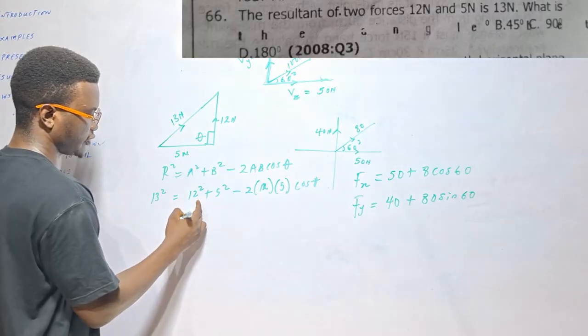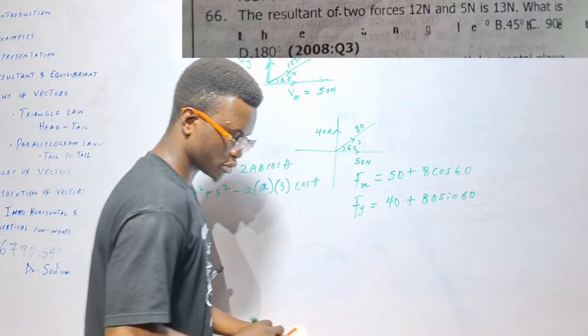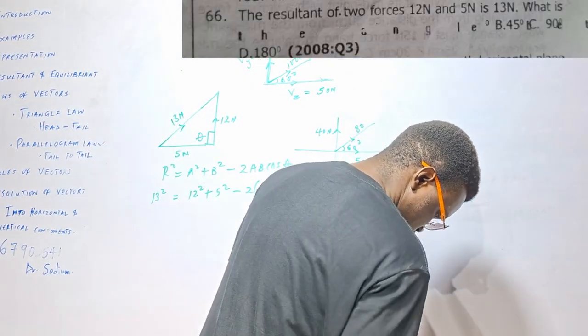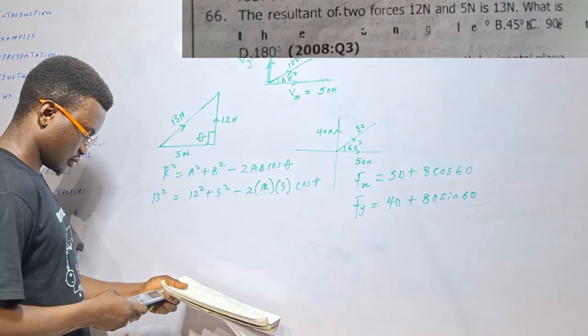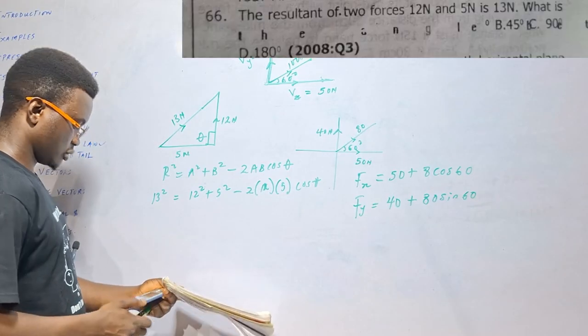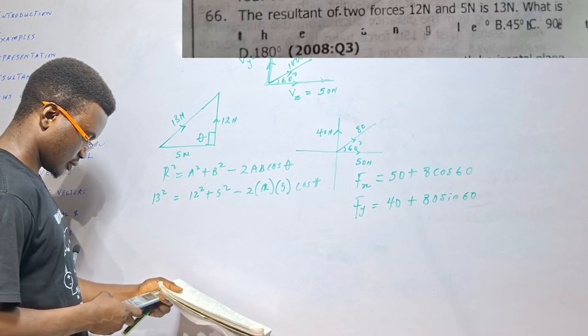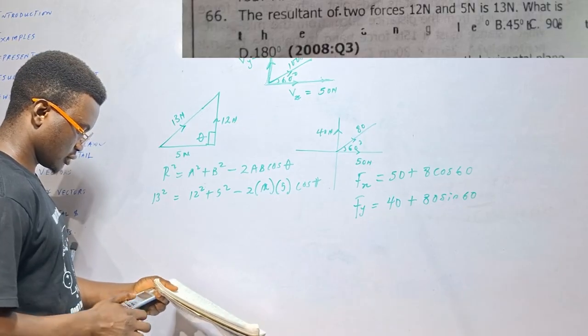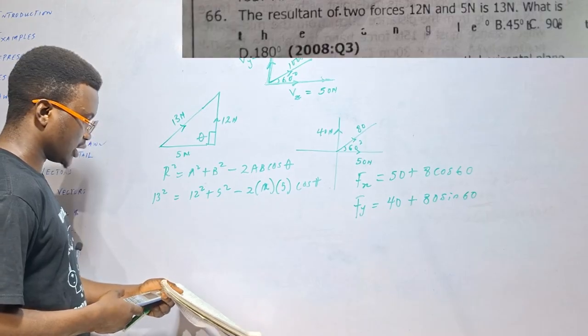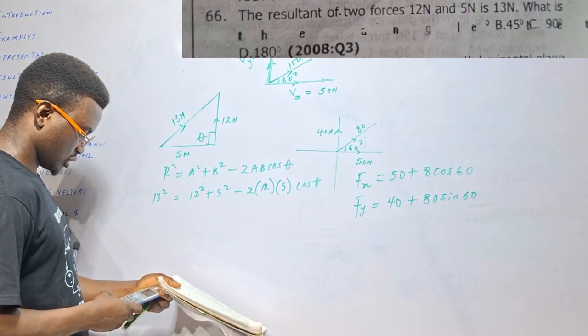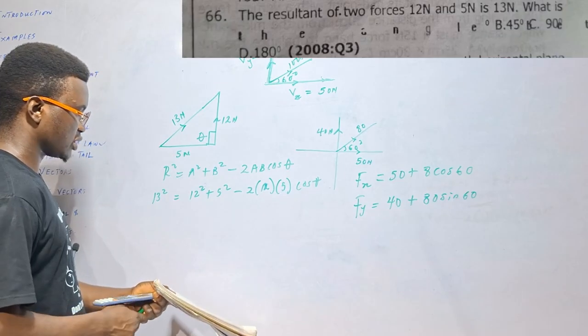So that's 144 plus 25. That should be 169. So 13 squared, yes, 13 squared is 169. Then 12 squared plus 5 squared is also 169.